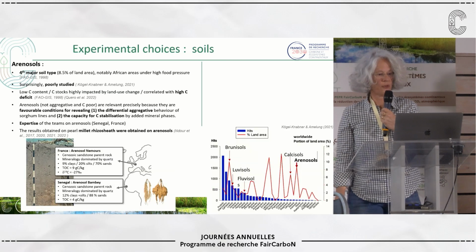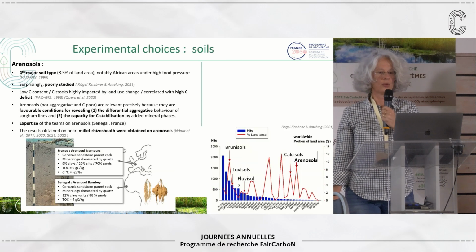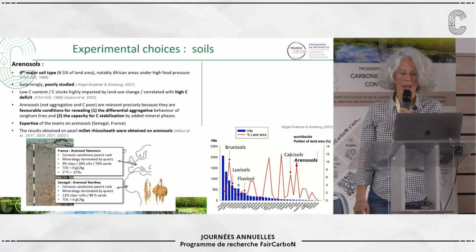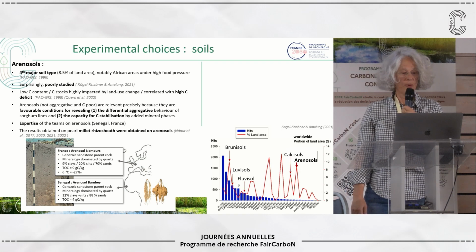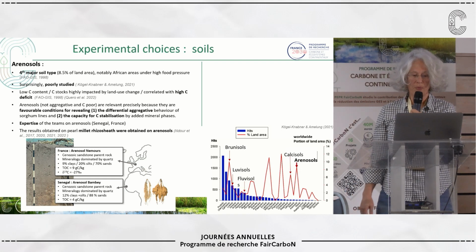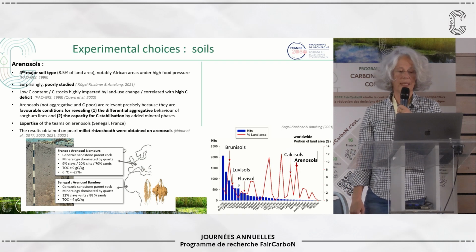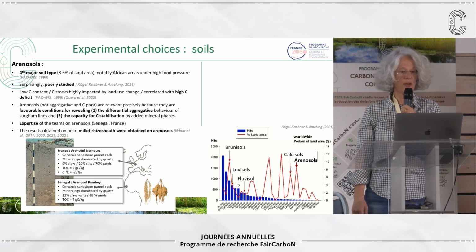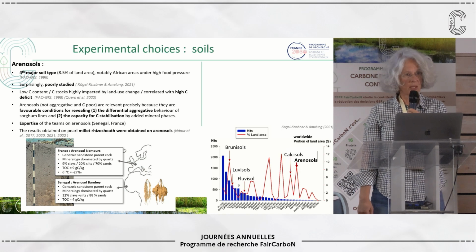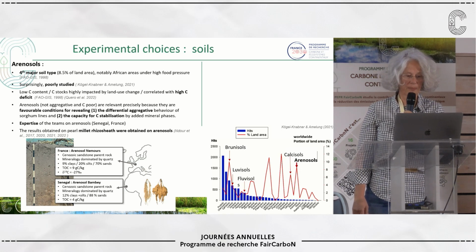Concerning the choice of soils, we have chosen arenosols for several reasons. As depicted in the graph, arenosols constitute the 5th major soil type globally, particularly prevalent in African regions facing high food pressure, yet they are relatively understudied.